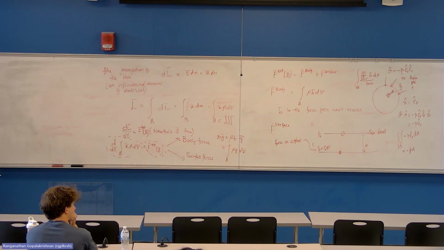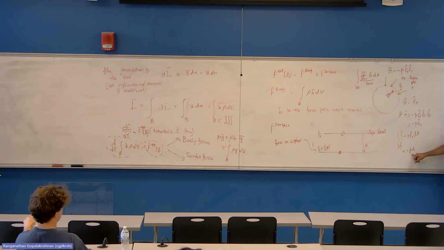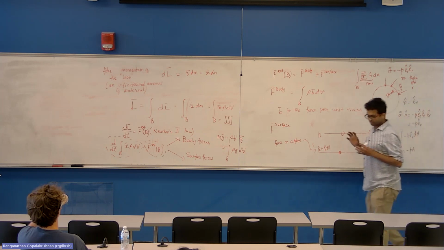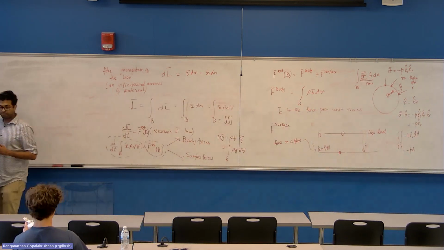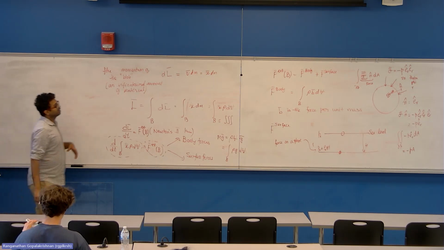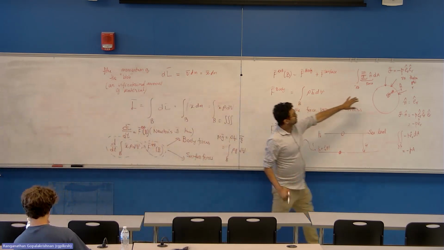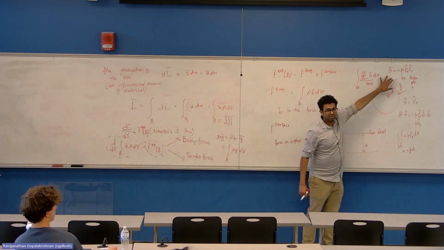So the total force with which this hydrostatic pressure is squeezing your object is just the pressure multiplied by the surface area. So this is not a proof. I'm trying to illustrate to you one possible scenario where the stress has a very simple form.